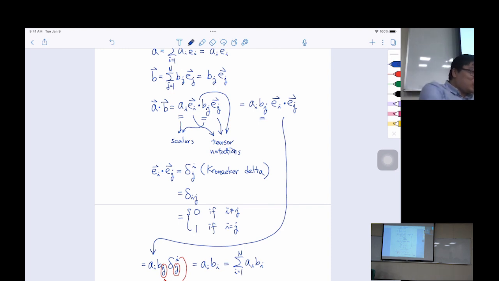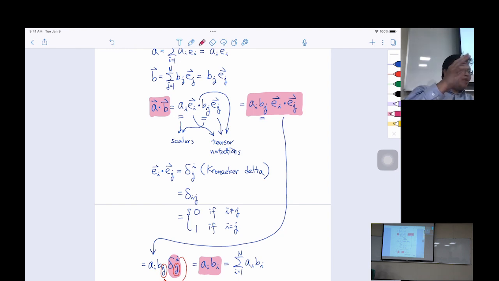With Einstein notation, you can derive algebra more effectively. For the dot product, initially we have this, and we rewrite the whole thing into this. Then we replace something with Kronecker delta, and we can quickly derive that this is actually a_i b_i.